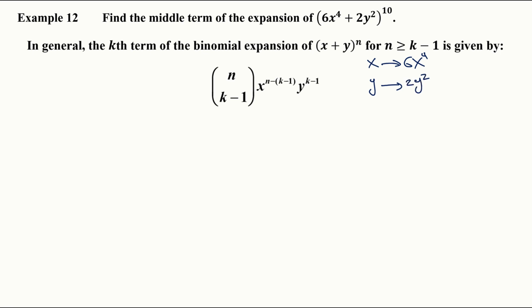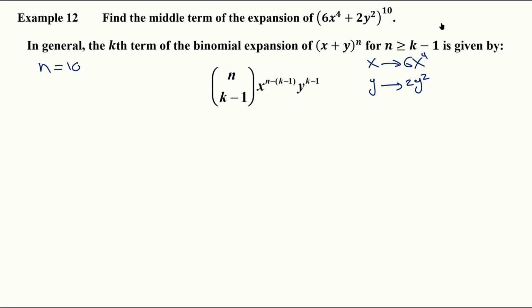Now we can see that n is 10, and we need to find k, because they don't tell us which term, they say the middle term. Remember, you have a 10th power expansion, so that means we're going to have 11 terms. If we take 11 divided by 2, that gives us 5.5, so just round that up to 6.